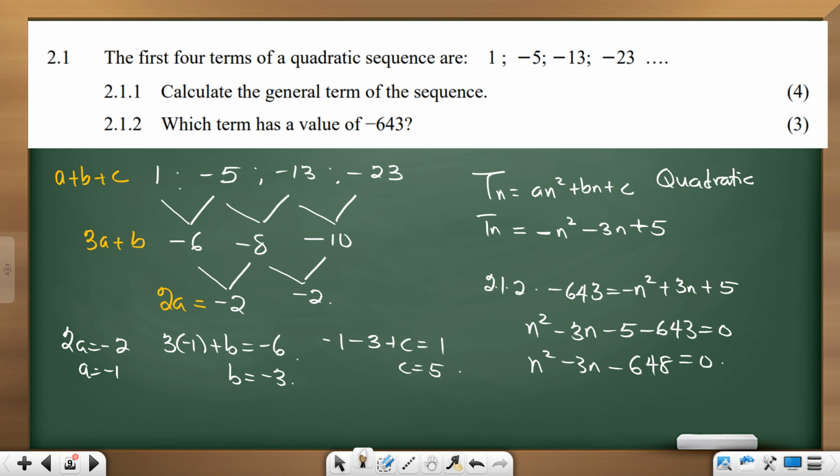I'm sure you are going to use a calculator here. 27 and 24. So n minus 27, n plus 24. So n equals to 27. n cannot be equal to negative, because we're talking about number of positive terms.